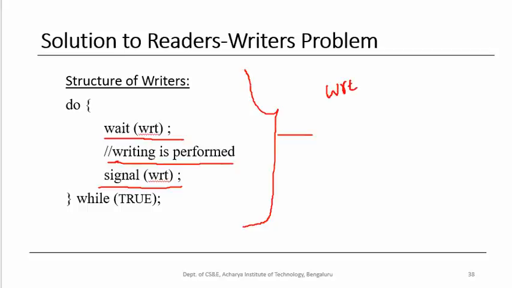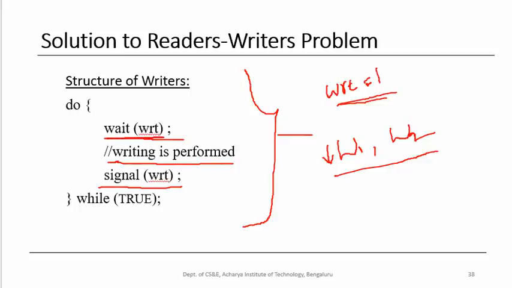We have used a semaphore WRT, which is initialized to 1. Suppose there are two writers trying to access the database for updating at the same time. Further, let us assume that W1 is the writer which sees WRT as 1 first.